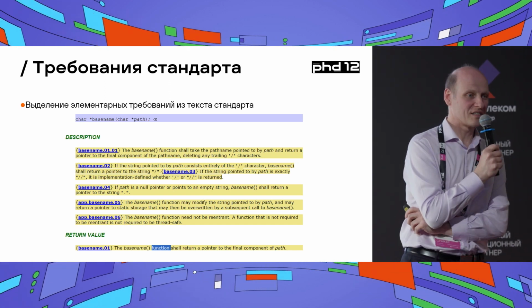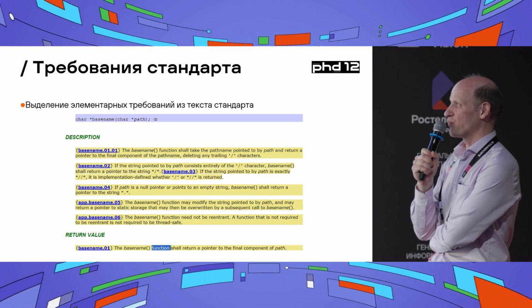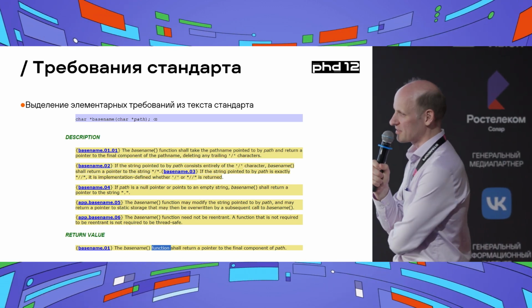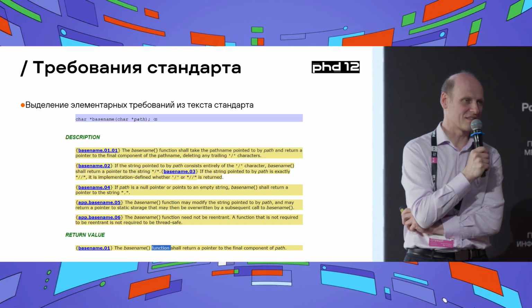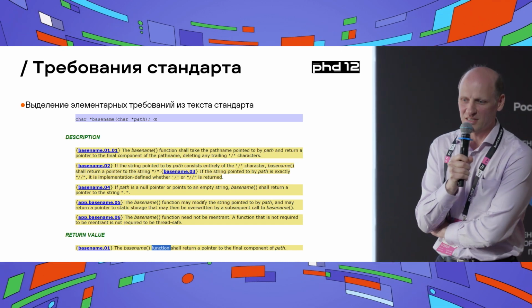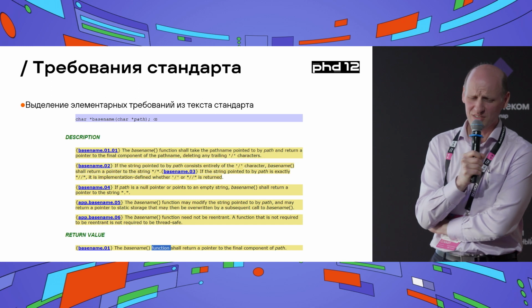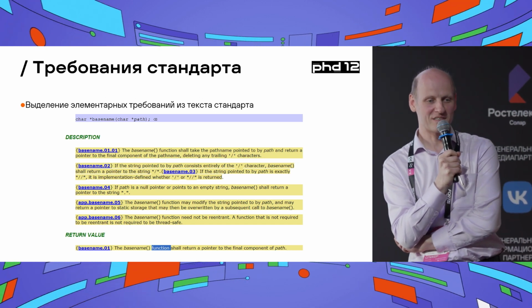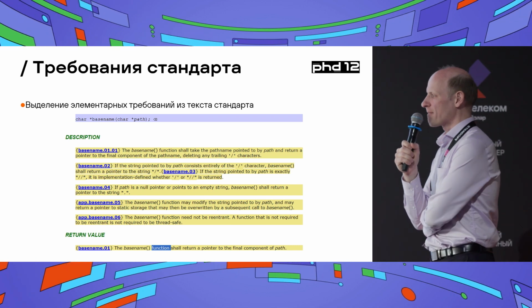In that project, I want to draw your attention to three ideas which were quite bright. The first one is that when we have a standard and a set of requirements to be checked as plain text, those requirements should be systematized and classified.